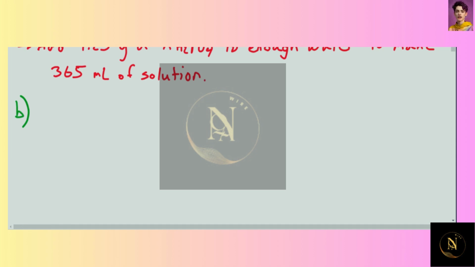So in part B, we're doing a dilution of a certain volume and concentration of NaOH from a certain concentration. So what we need is the initial volume, the concentrated volume.